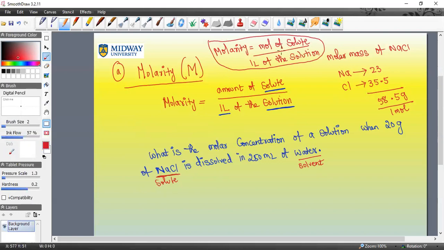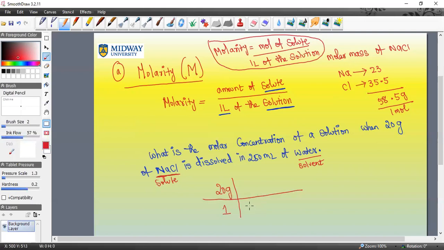Moles of solute is something we don't know, but we can figure it out, right? The given information is 20 grams. All we are trying to do is figure out the top part of the formula right here, which is just moles of solute. Here you've got grams, and you know the molar mass is 58.5 grams over 1 mole. We want moles of the solute, which is sodium chloride.